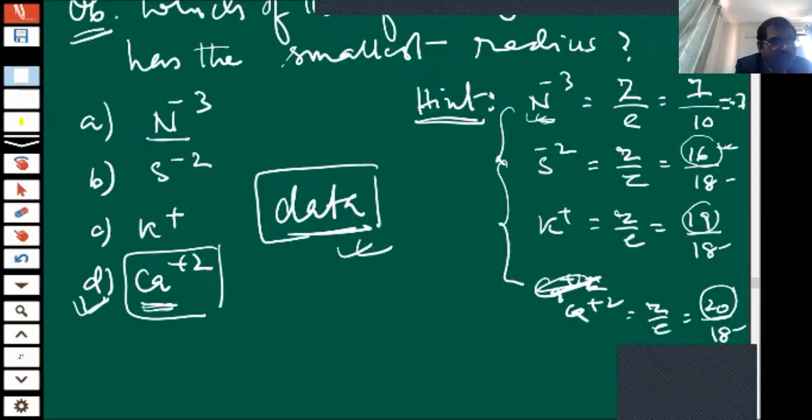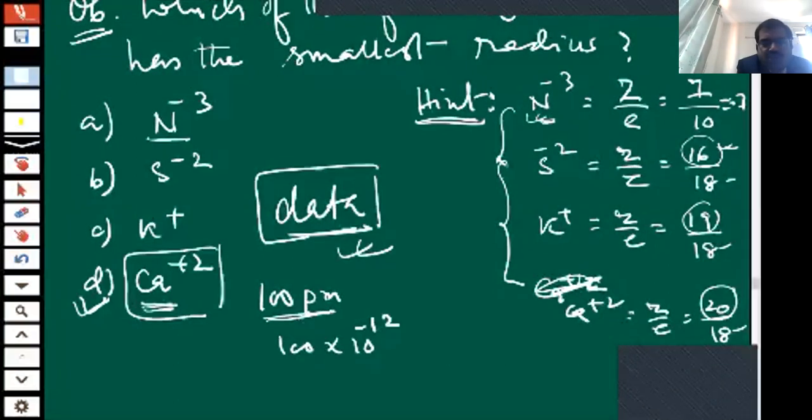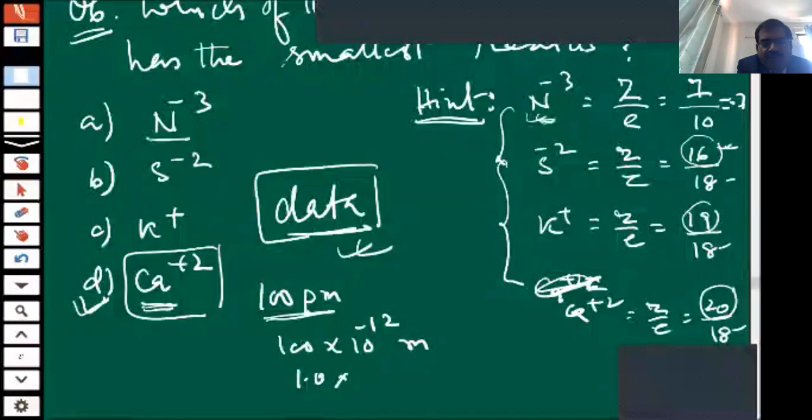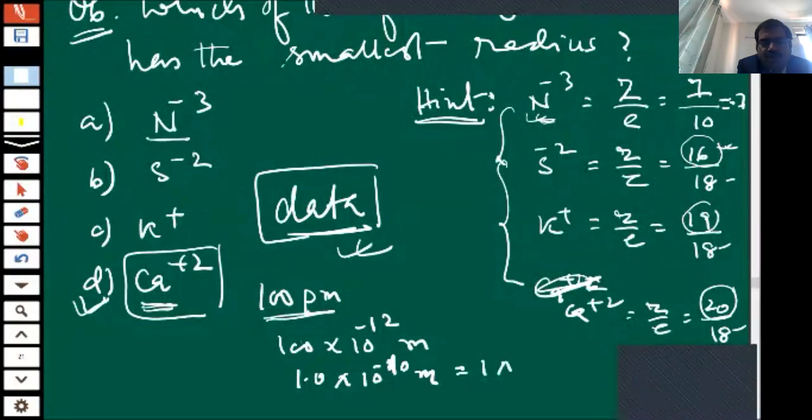Calcium plus 2, radius is 100 pm, 100 picometer. 100 picometer means 100 into 10 to the power minus 12 meter. So if you convert, 1.0 into 10 to the power minus 10 meter means 1 angstrom.